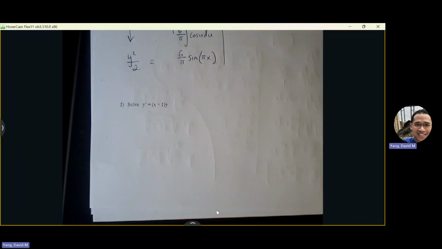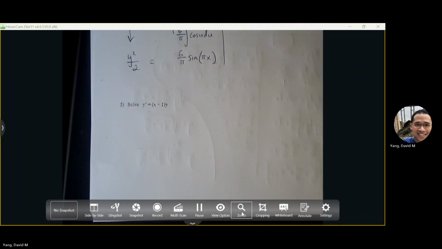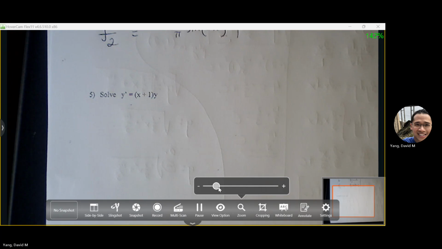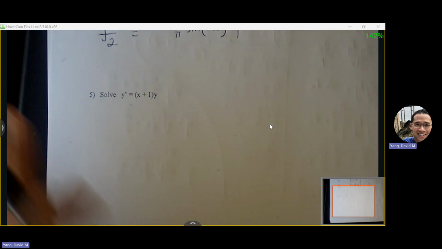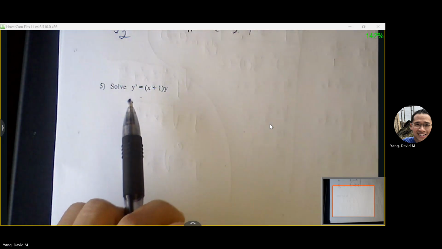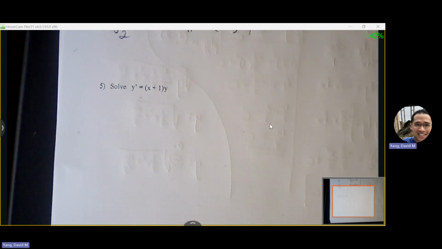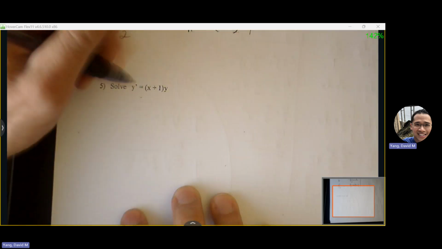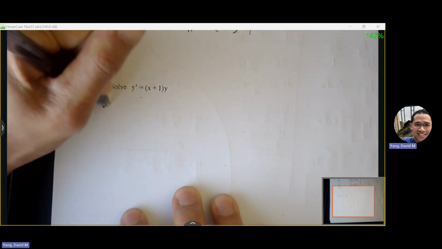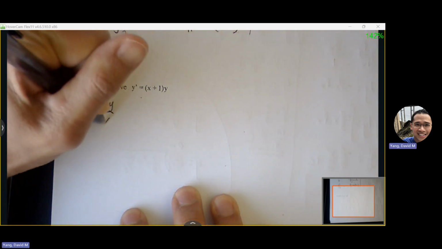Zoom in a bit here. So we know that we would like to get two fractions to line up with each other. We know y prime can be rewritten as dy over dx. And we want to hold on to our parentheses. We don't want to distribute.